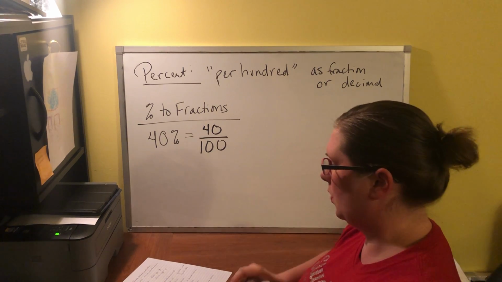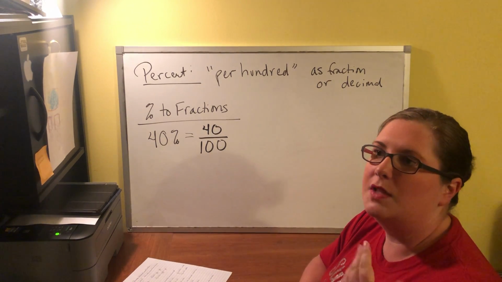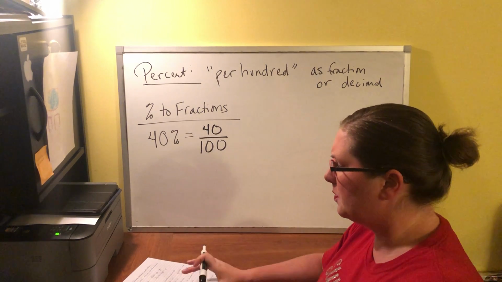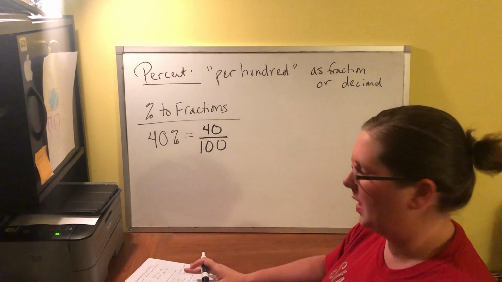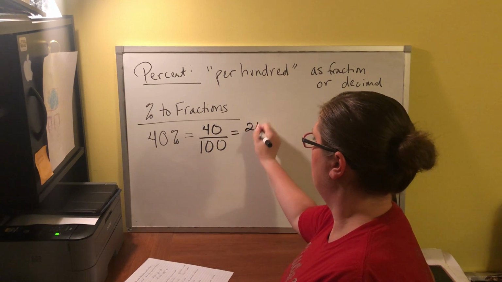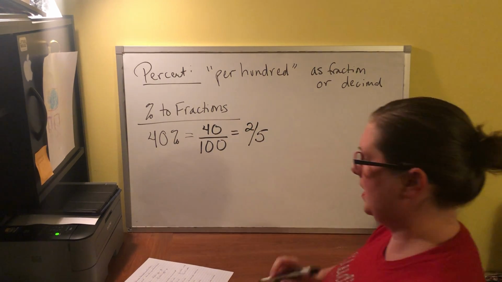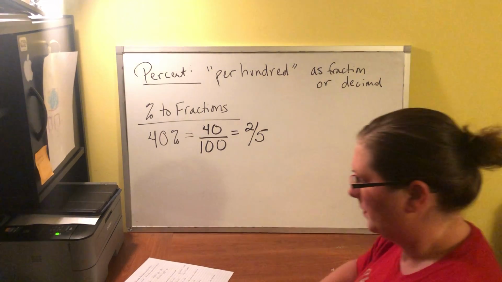So 40 over 100 would be your fraction. Now remember, we have dealt with fractions before, and you need to reduce as much as possible. So this reduces all the way down to 2/5.